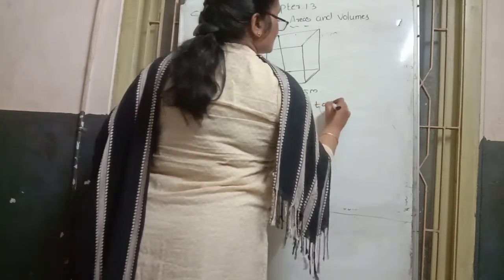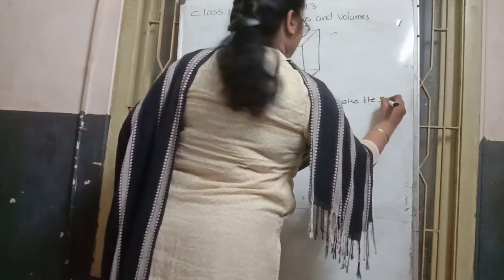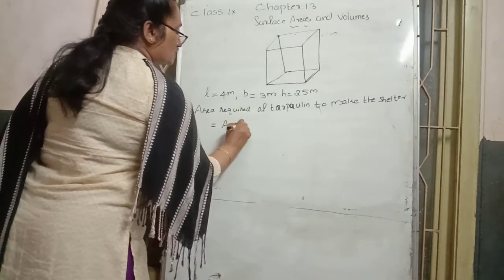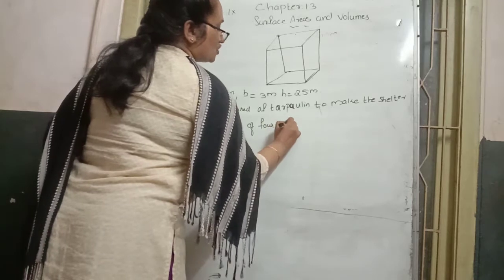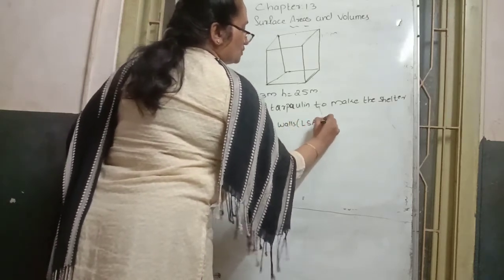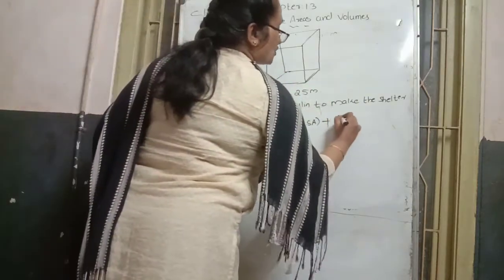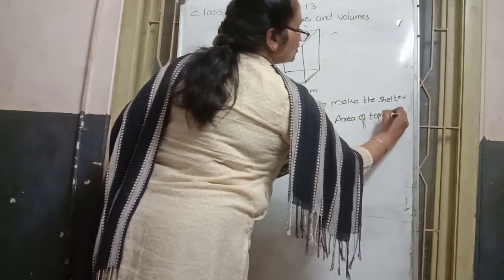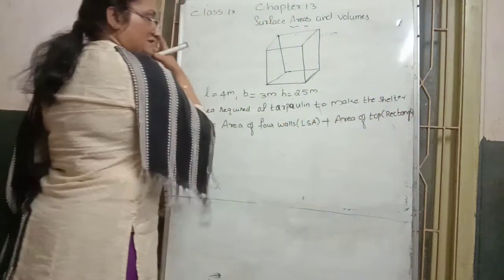How to find it? Area of the 4 walls, which represents the LSA of the cuboid because the box is in the shape of a cuboid, plus the area of the top. The top part is a rectangle.